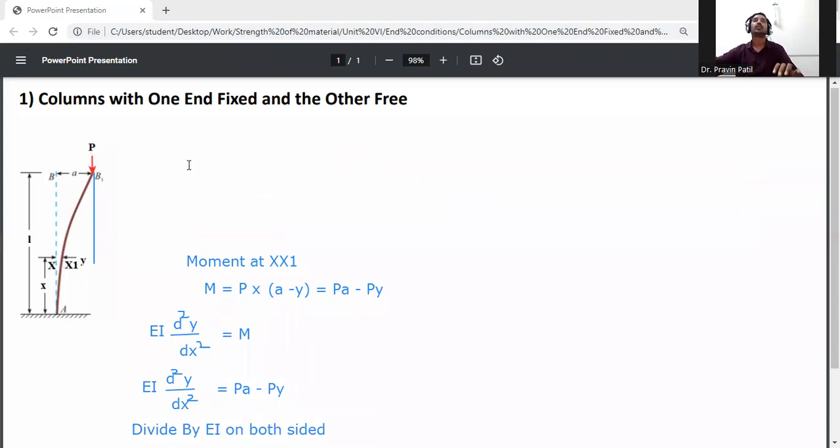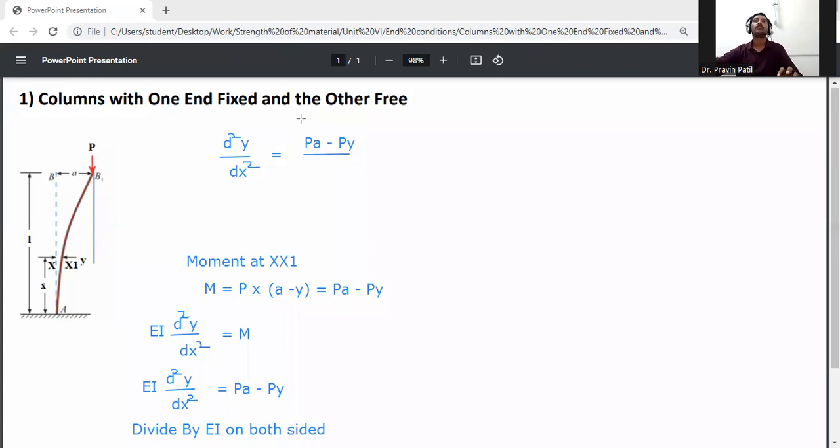So d2y by dx square is equal to (Pa minus Py) divided by EI.